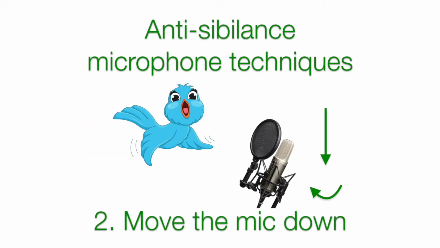Microphone technique number 2 is move the microphone down and tilt it up towards your face. Move the microphone down so it's opposite your chest, and then tilt it up towards your mouth. This is going to bring out more of the resonance in your voice and concentrate less on the sibilance and those annoying sounds.